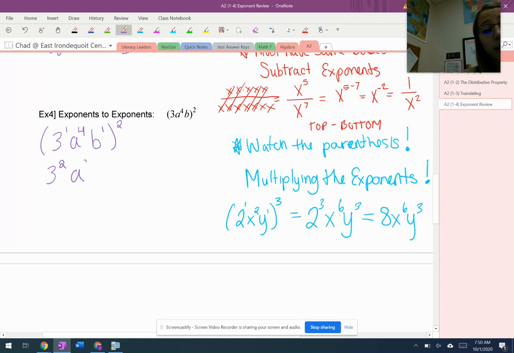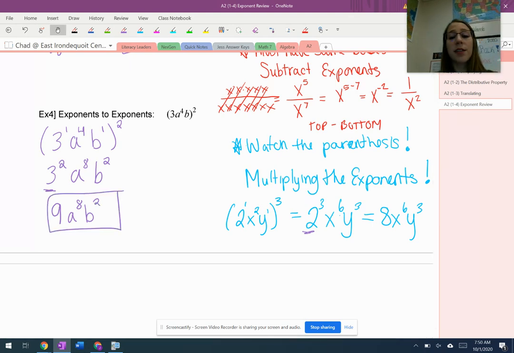A to the 4 times 2 is 8. B to the 1 times 2 is 2. And just like we simplified that 2 to the 3rd power over here, we're going to simplify this 3 squared. 3 squared is 9. A to the 8th, b to the 2nd power, final simplified answer.